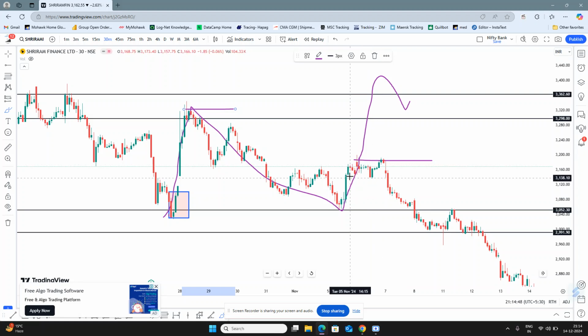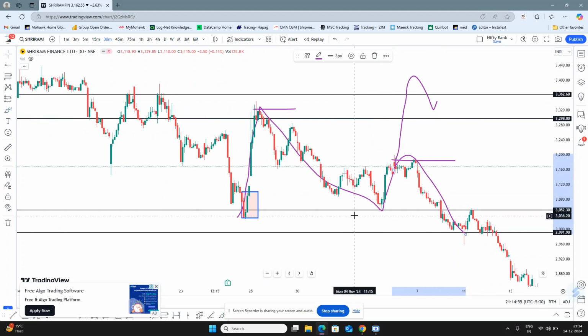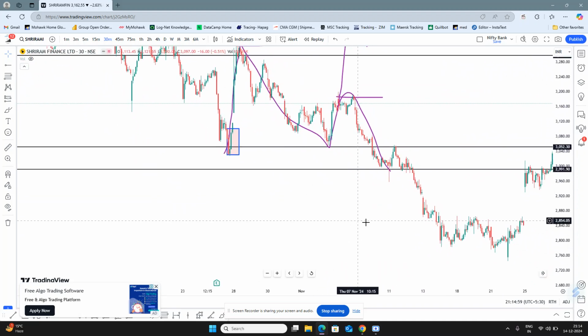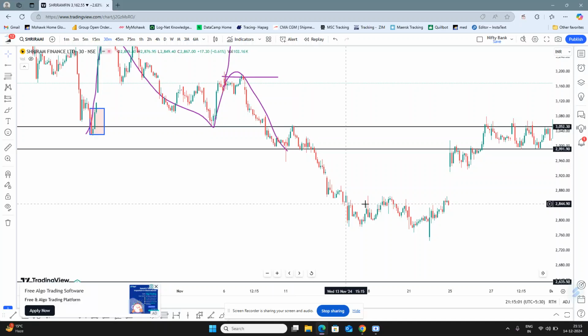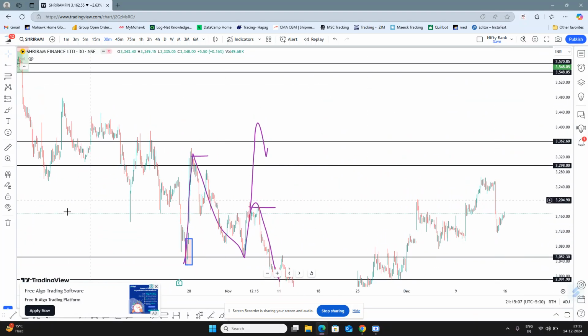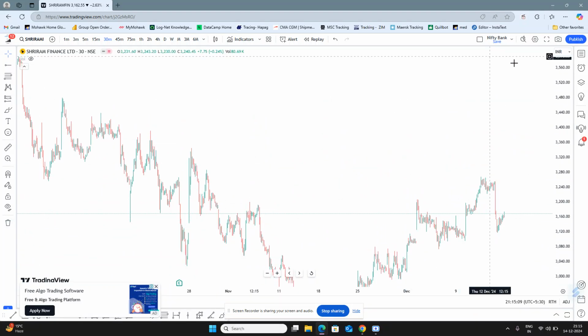It did not. It could not make any higher, right? It fell from here only. So that's why I'm saying the second touch would not be that effective, which we follow in Dhamaka also, right? The first touches are always the reaching point. So that's how you can utilize these concepts.